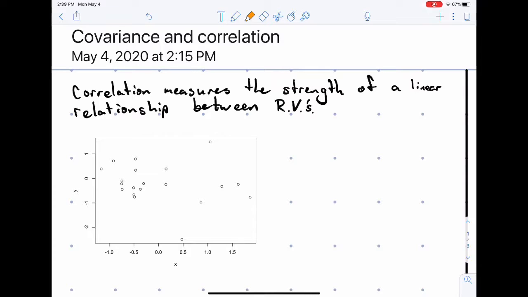I randomly generated them, there is no relationship. If we were to draw a line through these points that fits best, it would be about like this. So it would be about flat. So these variables are uncorrelated, x and y uncorrelated. And that happens when the line is flat.